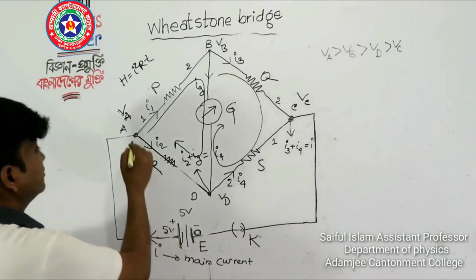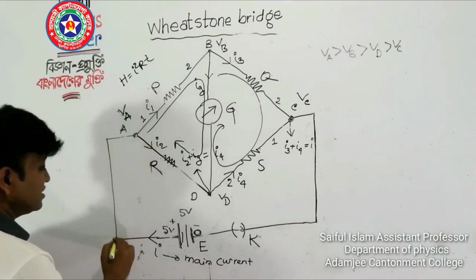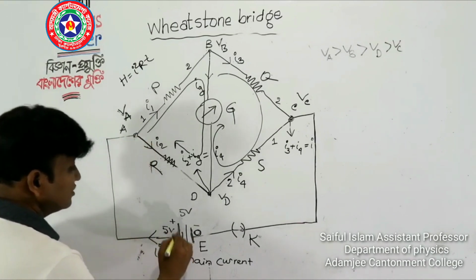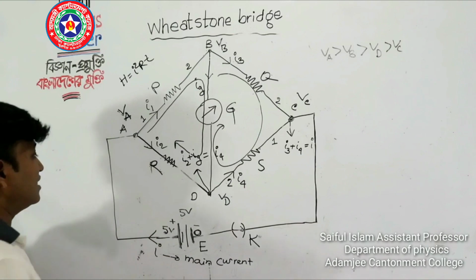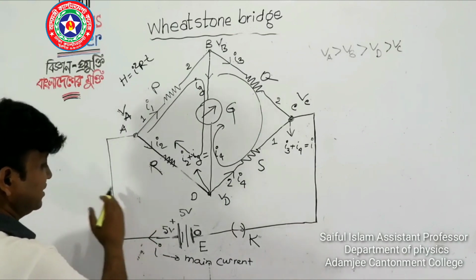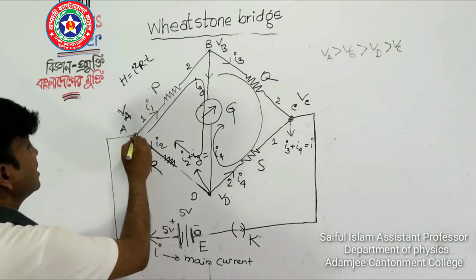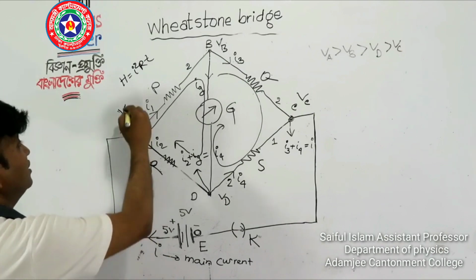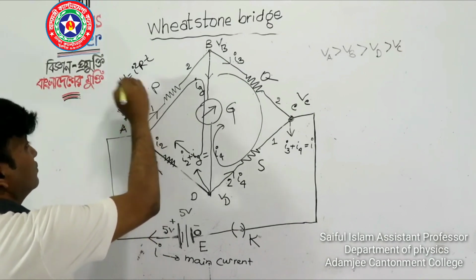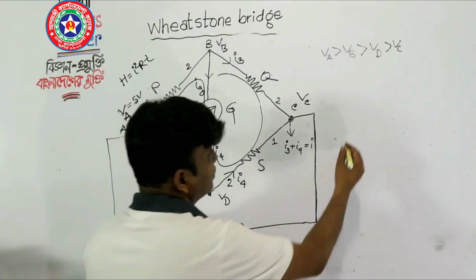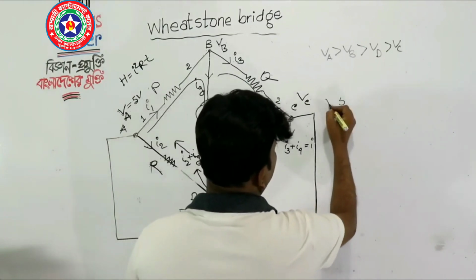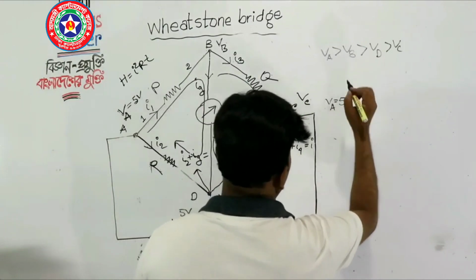Now the point A is directly connected with the positive terminal and there is no resistance here. Therefore, the potential at point A will be 5 volts. So we get here VA equals 5 volts.